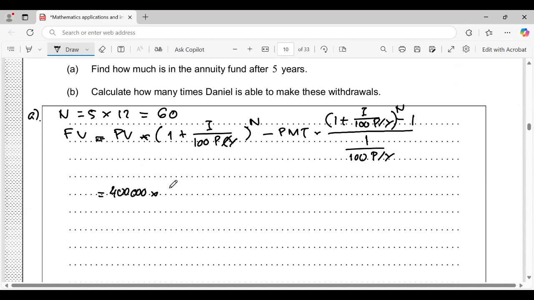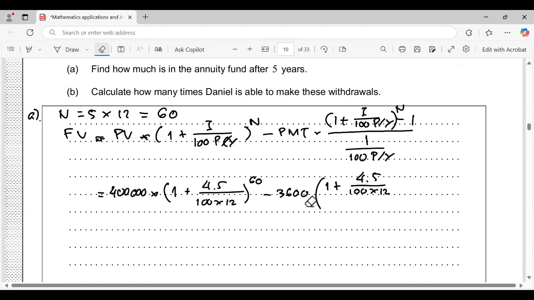400,000 times (1 plus 4.5 divided by 100 times 12) to the power 60, minus 3,600 times ((1 plus 4.5 divided by 100 times 12) to the power 60 minus 1) divided by 4.5 over 100 times 12.